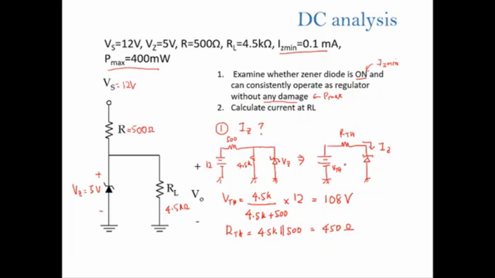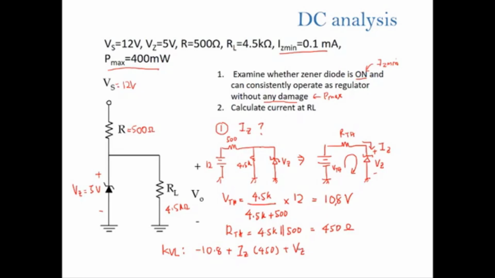Once you get this value, you can apply KVL to get Iz. So let's do the KVL. Let's start with the VTH: minus 10.8, and then plus Iz times 450 ohm, and then plus Vz, the voltage across the Zener.